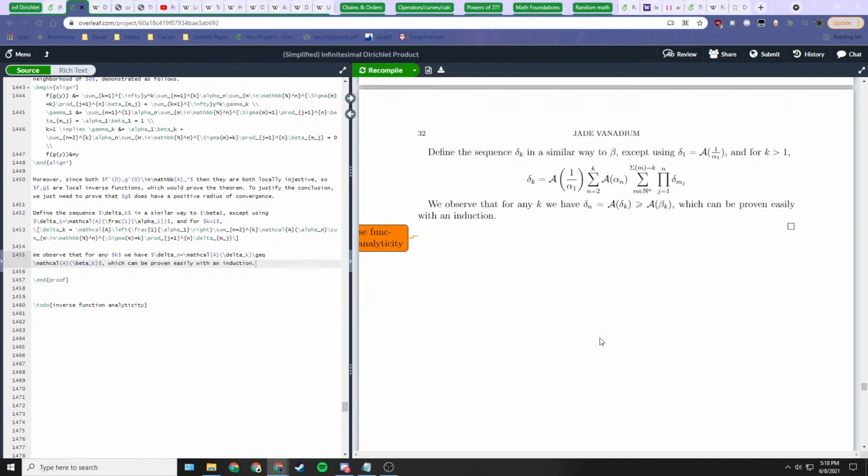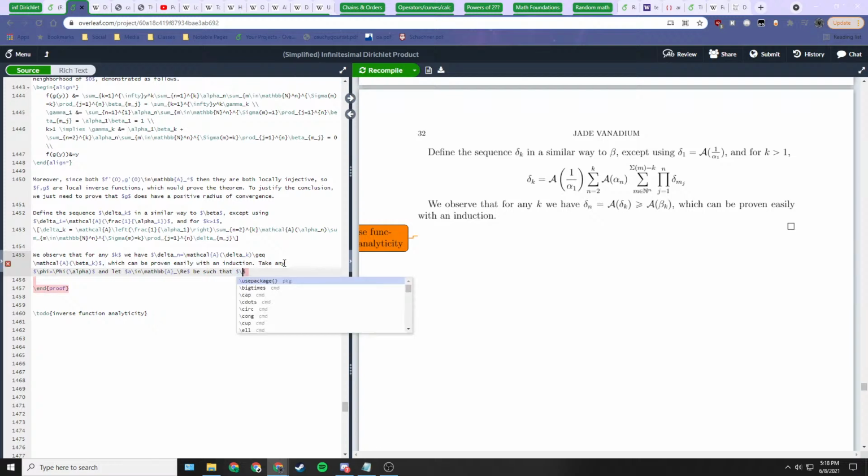So we can say take any phi greater than capital Phi of alpha, and let A be such that, oh, if we do it this way, we can maybe find an explicit representation.